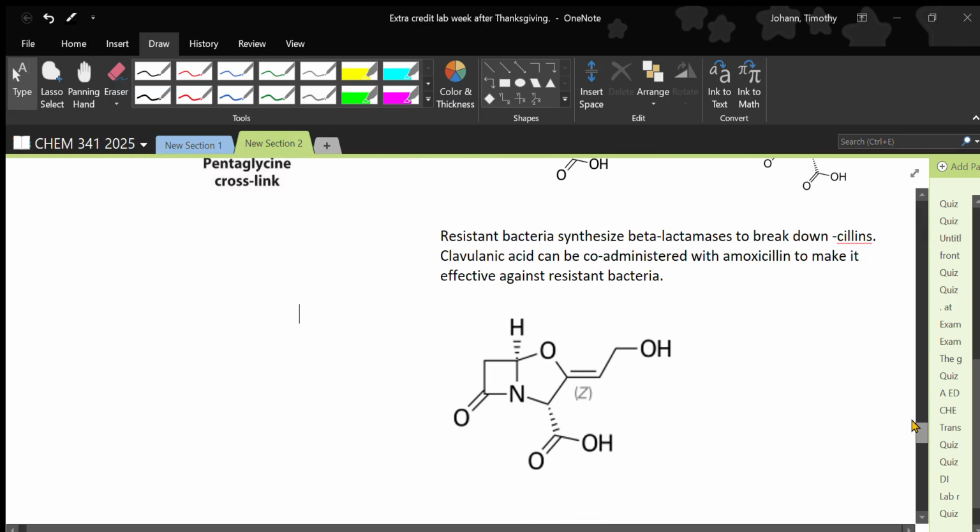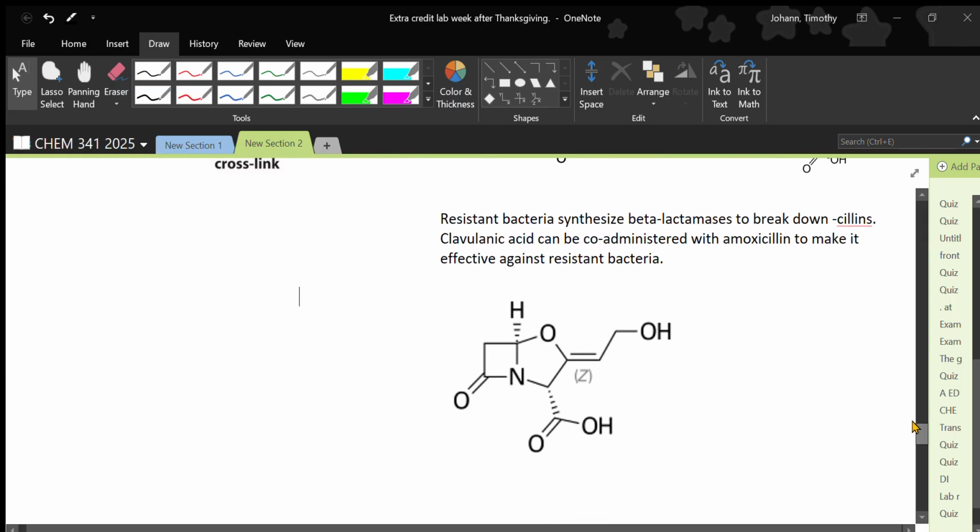And bacteria can produce these enzymes, beta-lactamases, that break down the cillins, and then you can co-administer something to stop them.